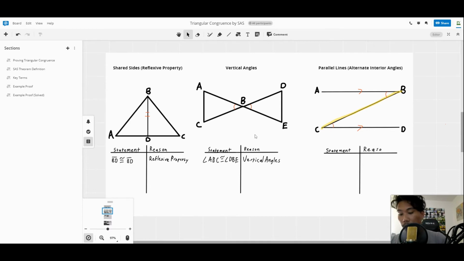So in our table, we can make the statement that angle ABC is congruent to angle BCD. And again, the reason for that is because of the alternate interior angles theorem.